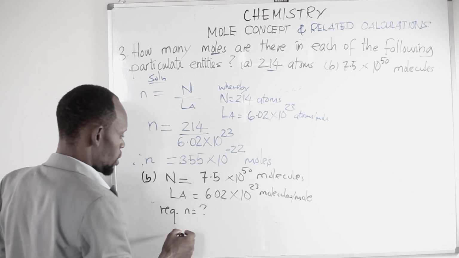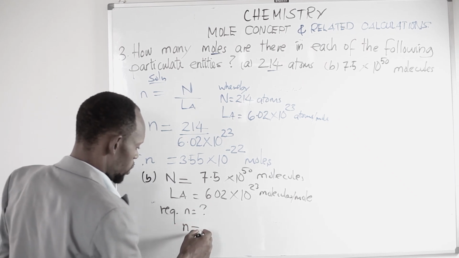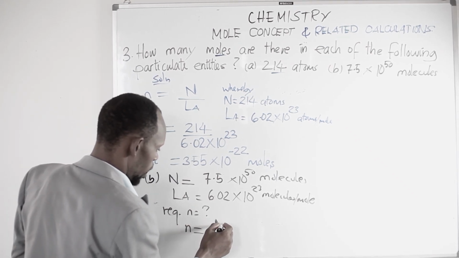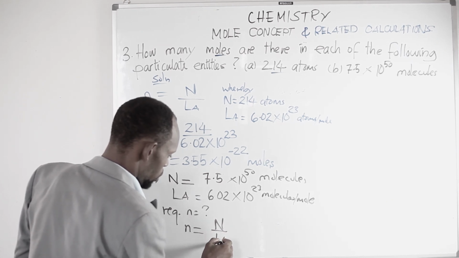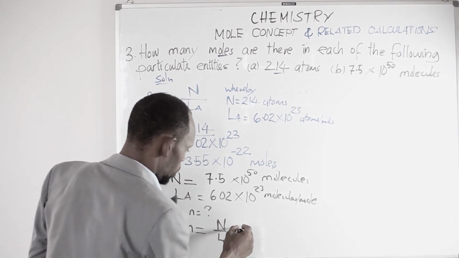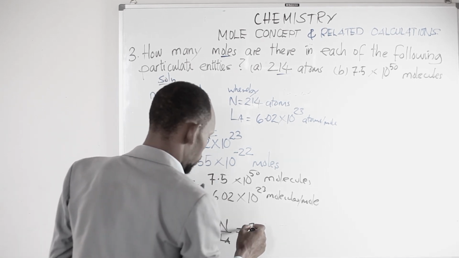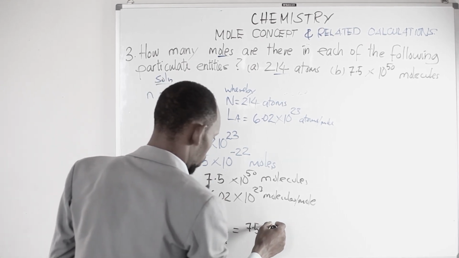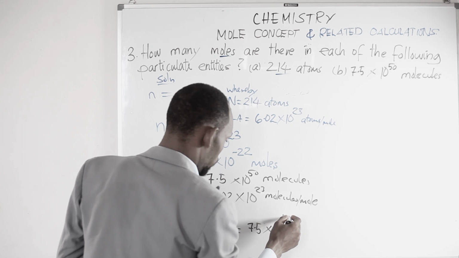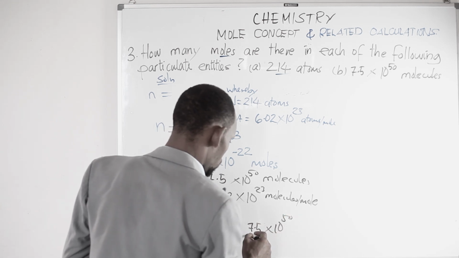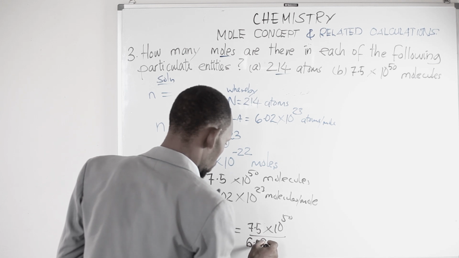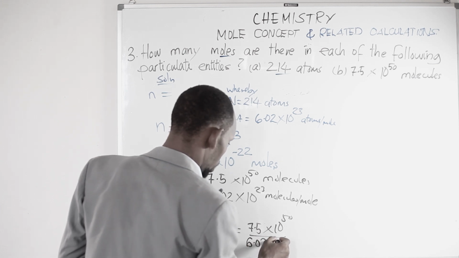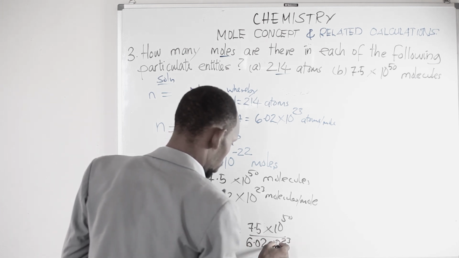How much is this? So the number of moles equals the number of particulate entities, or number of particles, divided by Avogadro's constant. Taking N, which is 7.5 times 10 exponent 50, divided by Avogadro's constant, 6.02 times 10 exponent 23.